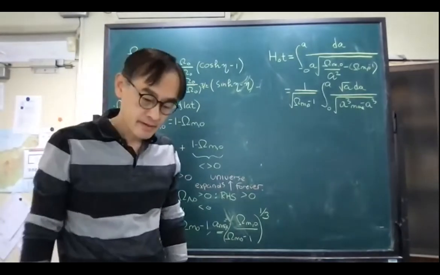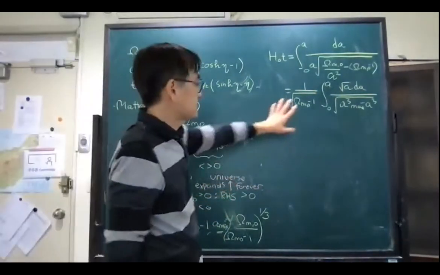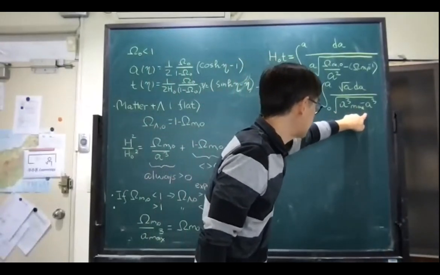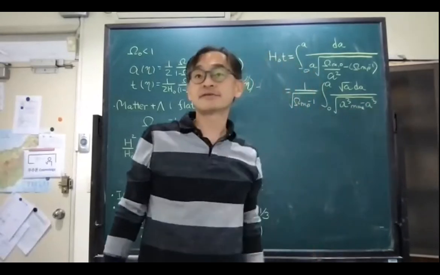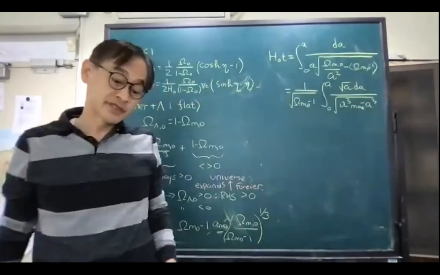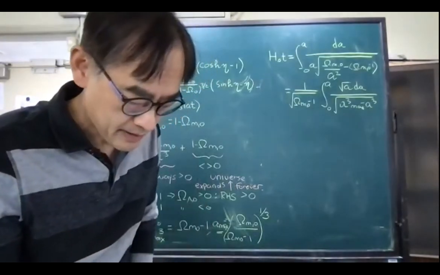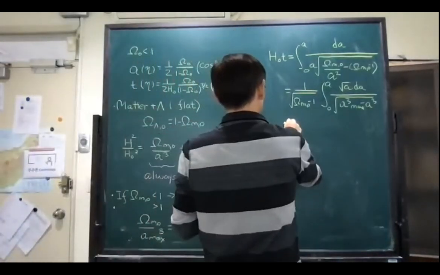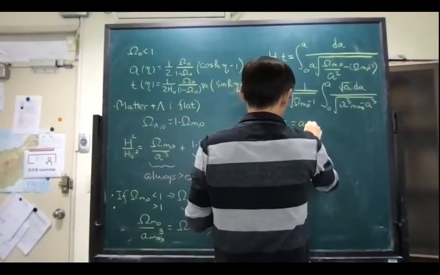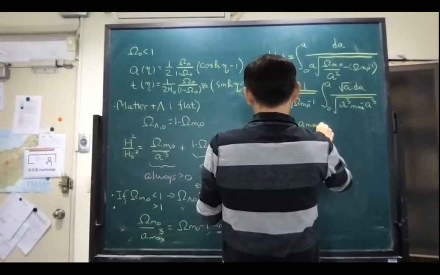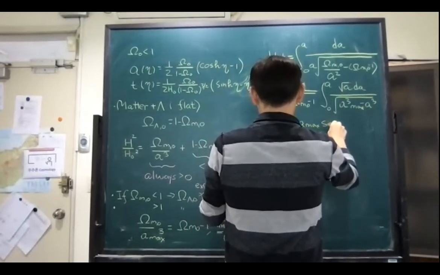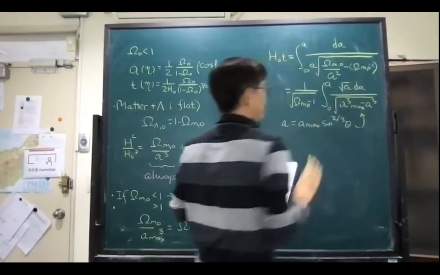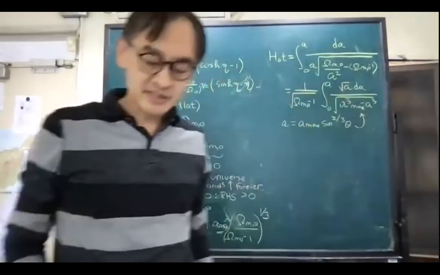Once you did that, it's a constant minus a variable to the power of cubic, so we can do this integral. One more hint: if you have a equals a max sine to the power 2 over 3 theta and put that back into the integral, then you'll get the answer.